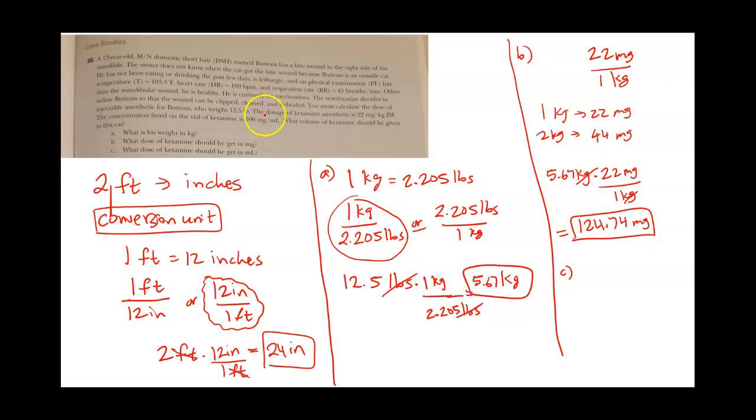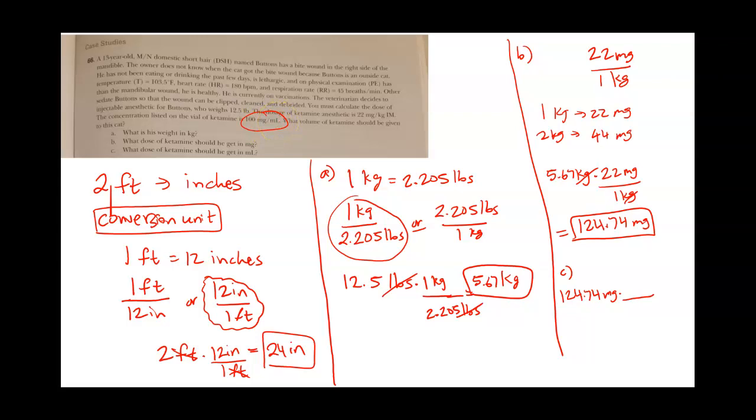So let's look at the milliliters conversion. It's 100 milligrams per milliliter, and we have 124.74 milligrams. So again, you want the milligrams to cancel, and you want the milliliters to be on top.